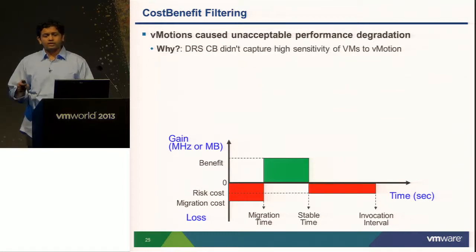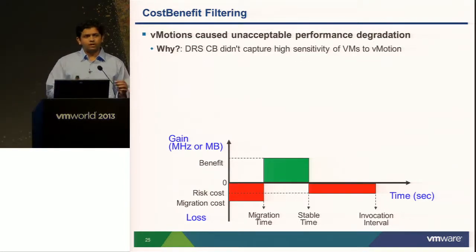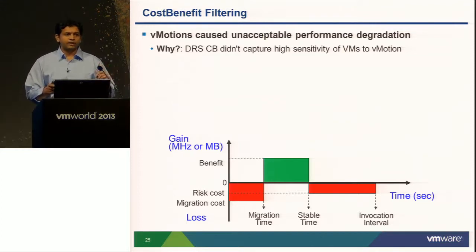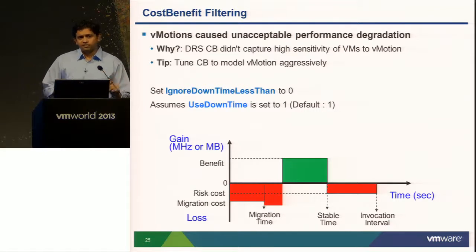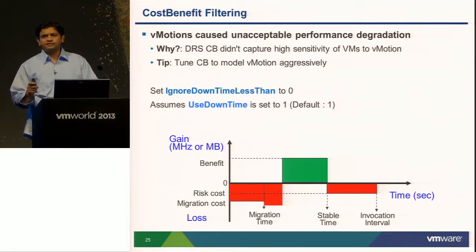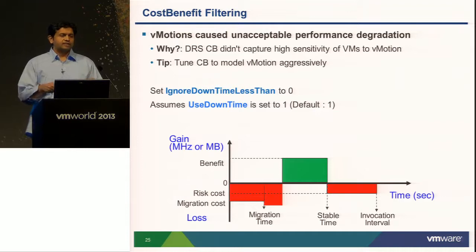So by default, DRS gives a little bit of a free pass whenever it does a migration. Every vMotion has a cost, but by default, DRS does not consider all the costs. Now, when you have some VMs in your cluster that are very latency sensitive, and if you move them, you feel that the workload inside the VM is being affected, then there is an advanced option you can use to make DRS consider all the costs in the migration.